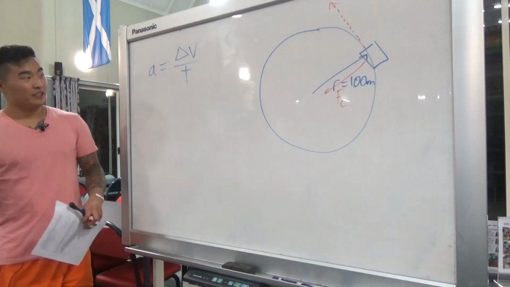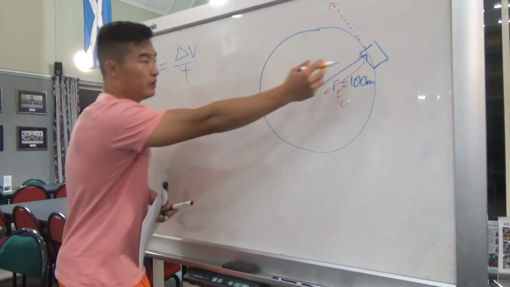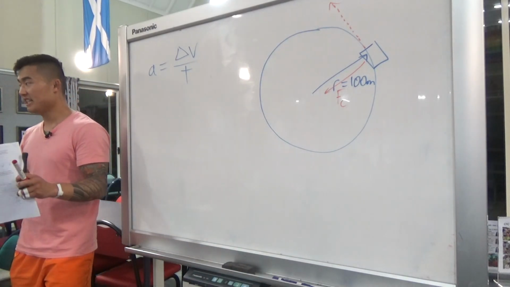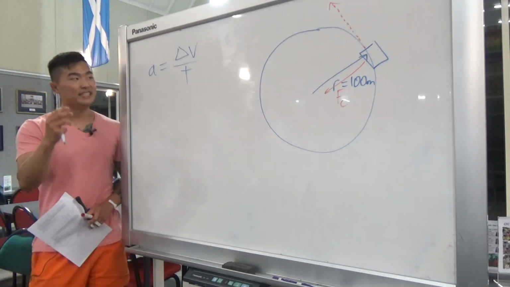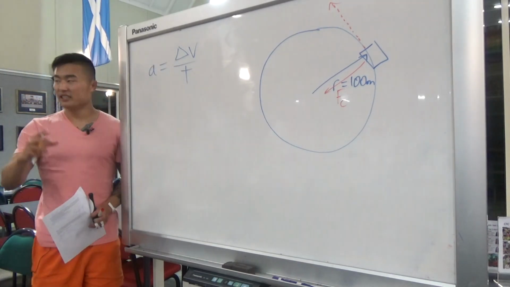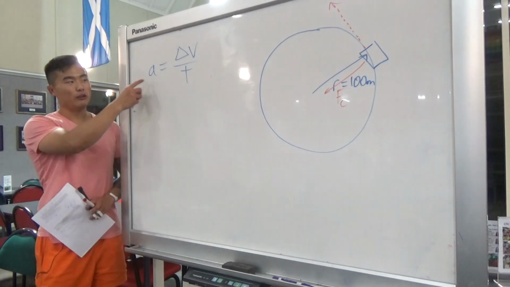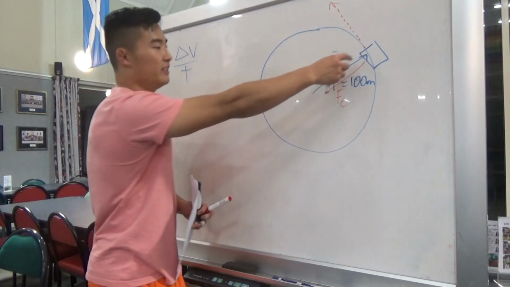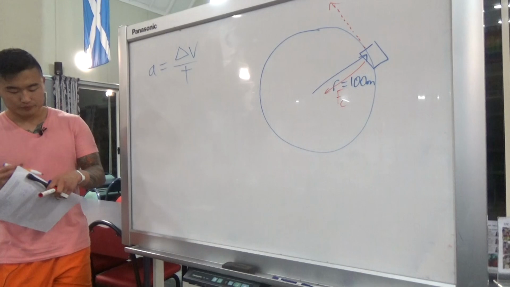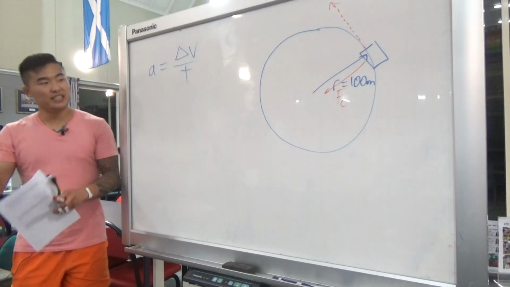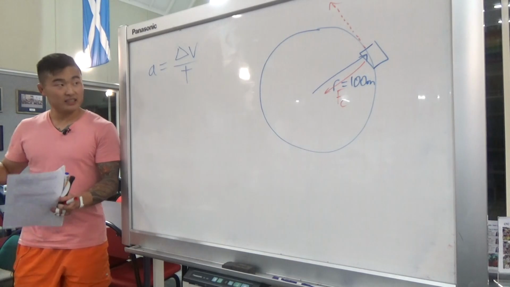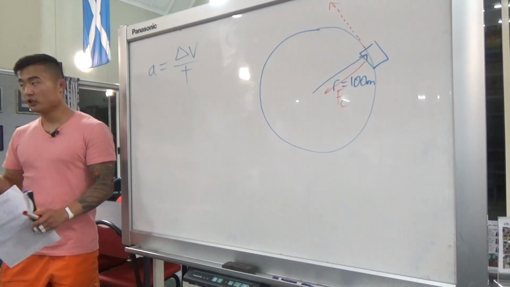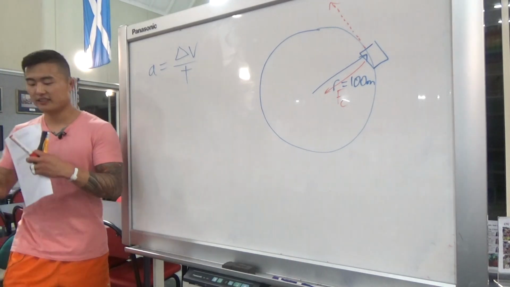This truck is going at a constant speed, so the magnitude of the velocity vector isn't changing, but the direction is. So there is a change in velocity because the direction is changing. There's always going to be a centripetal acceleration towards the center of the circle. An object moving in a circular motion is always changing direction, therefore the velocity is always changing, which means that it has acceleration.